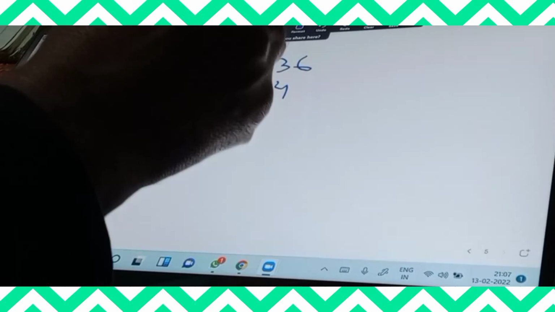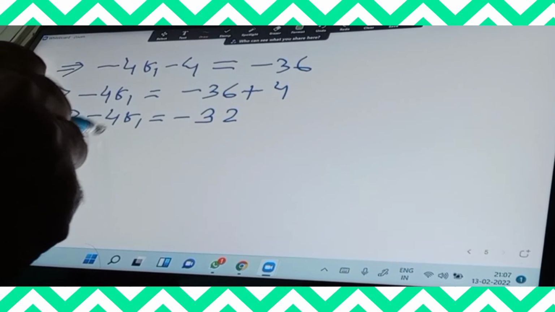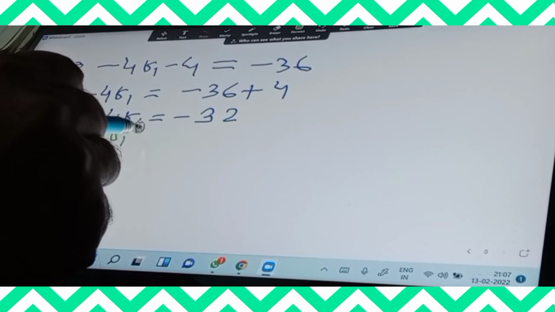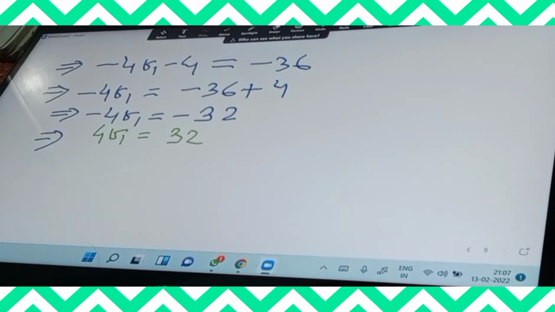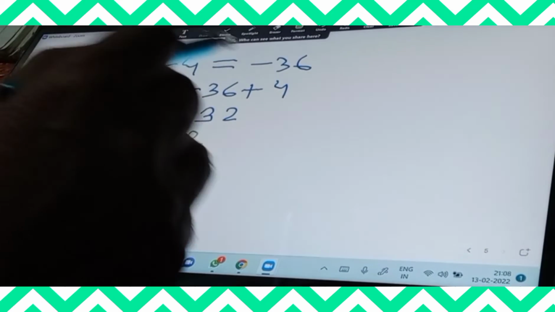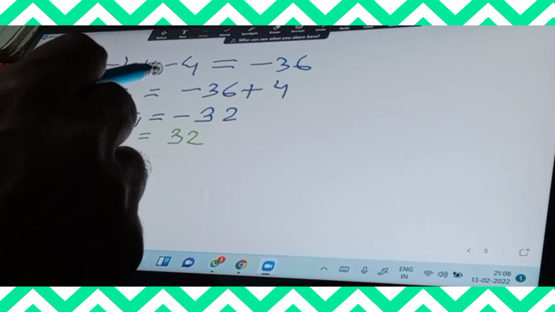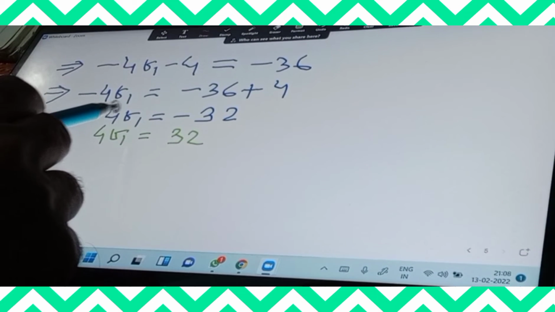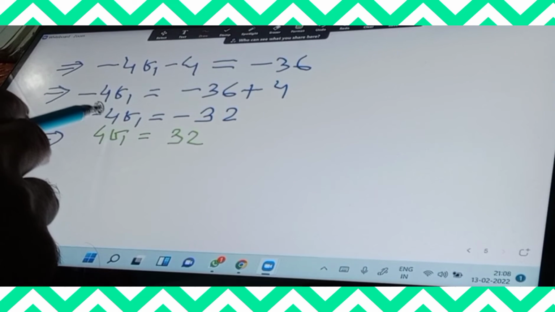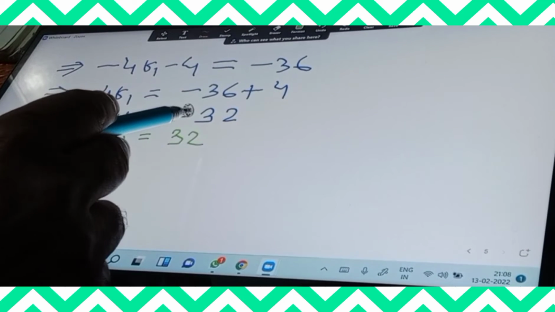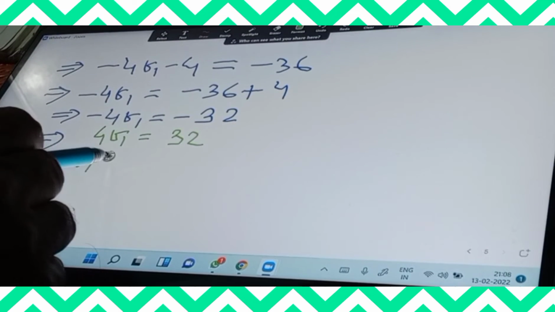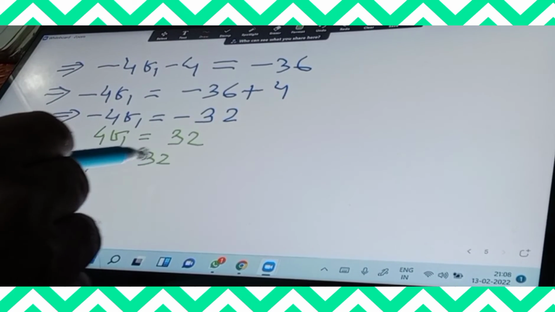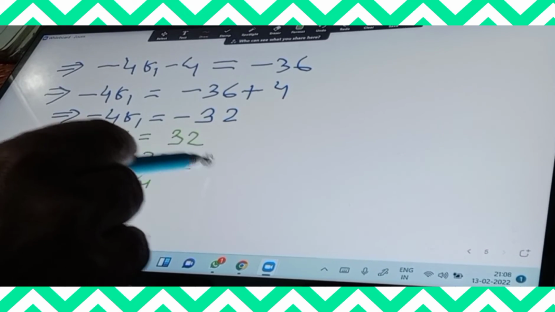Because of the minus sign on minus 4 f1, if it becomes plus 4 f1, the sign changes, so minus 32 will be plus 32. All of you know, if there is a negative factor and you change it to positive, all the terms on the other side will also change their sign. So f1 will be 32 divided by 4, which is 8.